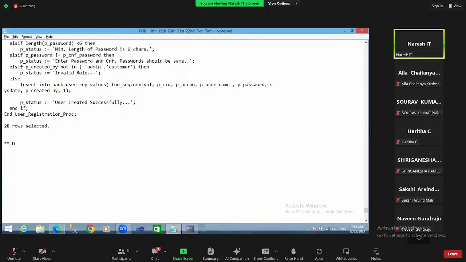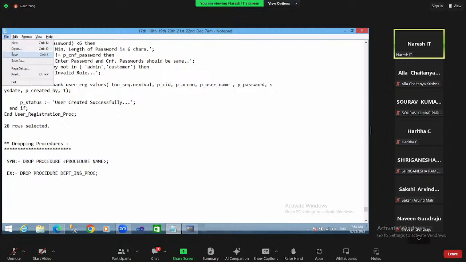Wrapping procedures. Enough, guys. Drop procedure, DEPT insert procedure.